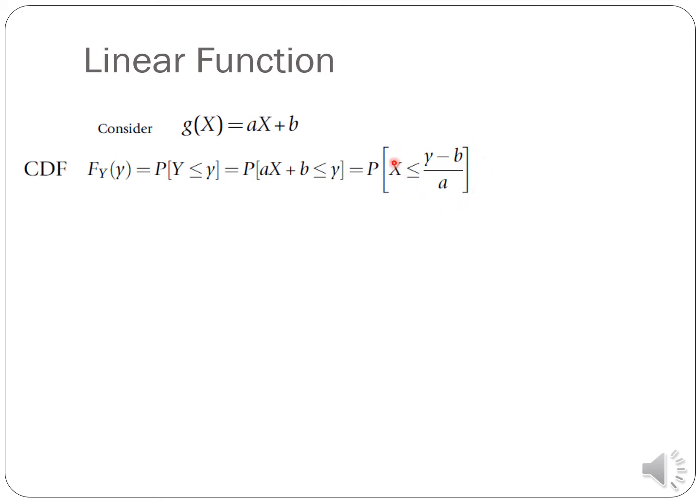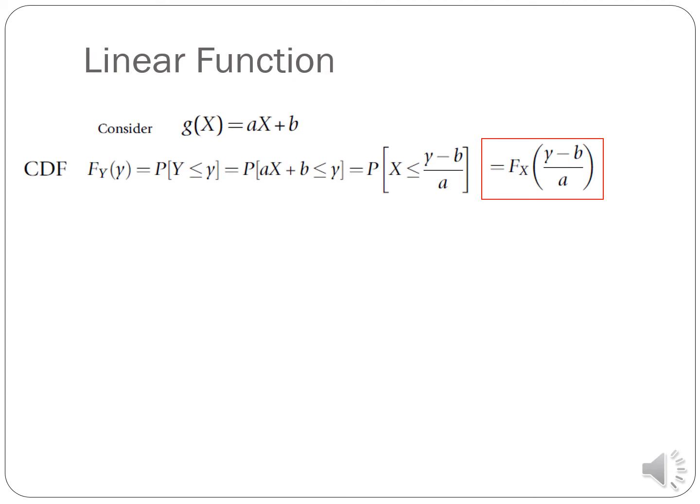So what is this? This is another probability for random variable x. Now we will write it down in terms of Fx, because x is less than or equal to something, that is what we express in terms of CDF Fx.